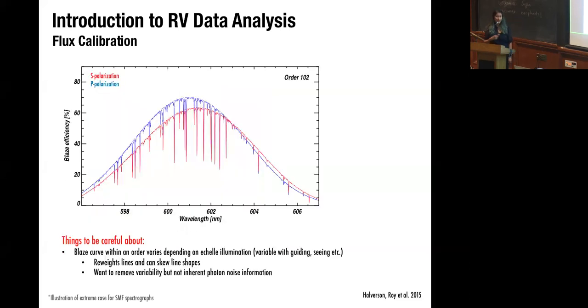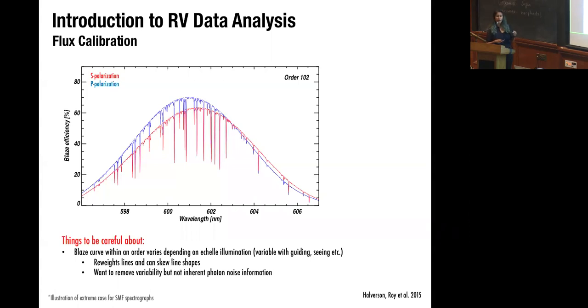The other thing that varies underneath you is the blaze of the Echelle. Sam talked about temperature in particular changing the resolution, but there's a bunch of other changes to the Echelle, for example, how you illuminate it. The position on the Echelle that you illuminate and the angle that you illuminate it at changes the response of that Echelle, so how efficient it is at giving you light back. This is an extreme example showing two different polarization modes on the Echelle.